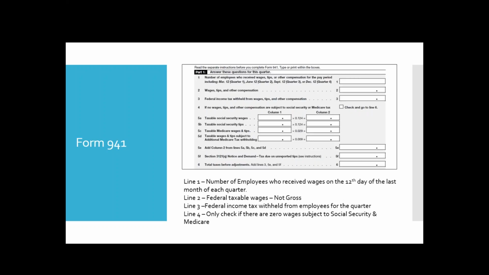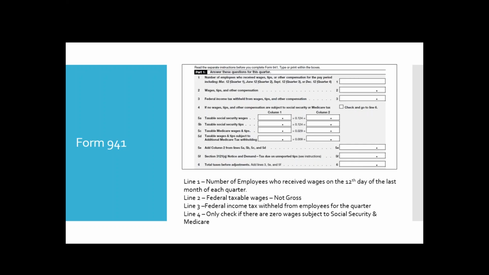Line 3 reports federal income tax withheld from employees during the quarter. And line 4 should be checked only if there are 0 wages subject to Social Security and Medicare.